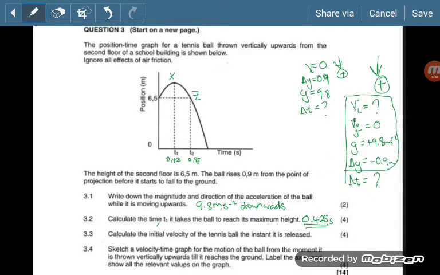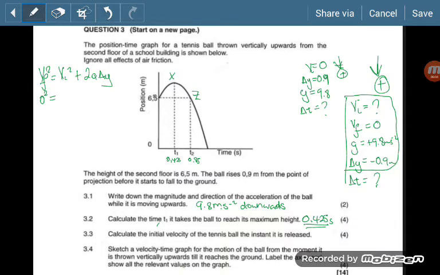So we're going to use this information to calculate the initial velocity, and the best equation to use here is going to be v final squared equals v initial squared plus 2 times acceleration times change in y. We know the final velocity, it's 0 squared.